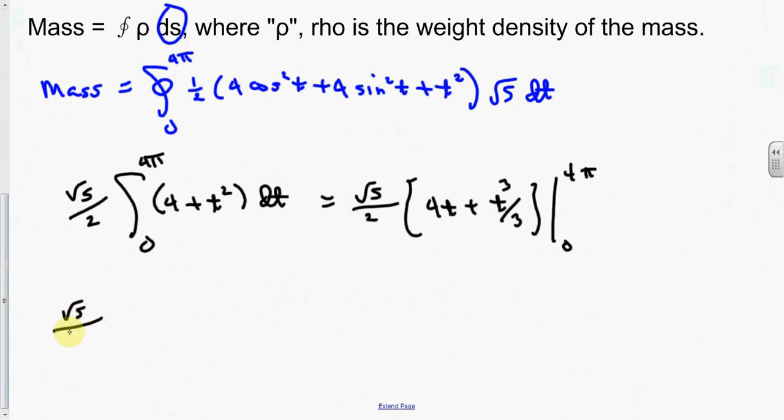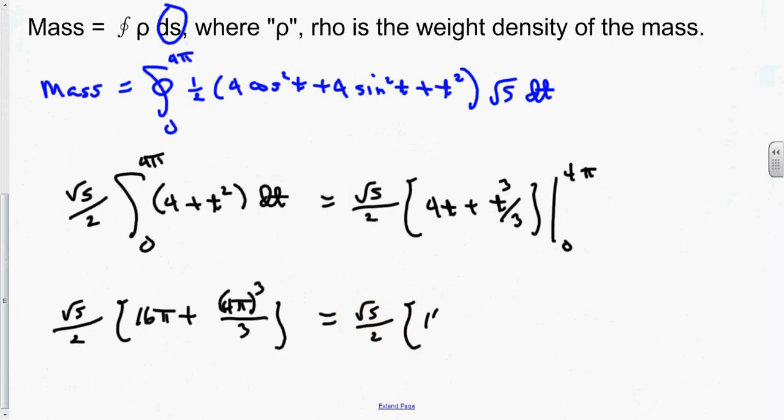So we have the square root of 5 over 2 times 4 times 4 pi, 16 pi, plus 4 pi to the third, all over 3. Evaluate at t equals 0, you just get 0. So this is the square root of 5 over 2 times 16 pi plus 64 pi to the third over 3.